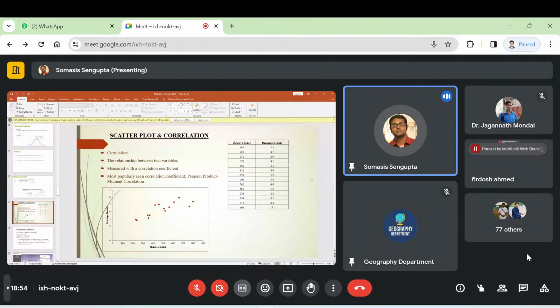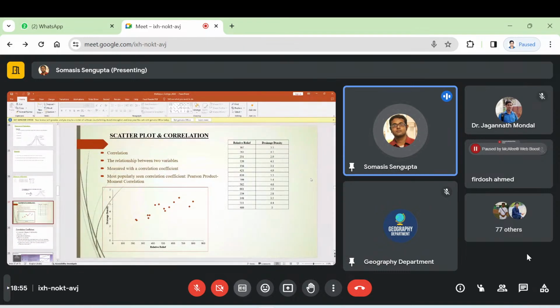So what I have to do is take a two-dimensional graph paper and plot the data, taking on the x-axis the independent variable and on the y-axis the dependent variable. From our geographical knowledge, we understand that relative relief is the independent variable and drainage density is the dependent variable. So on the x-axis I have taken relative relief, and on the y-axis drainage density.